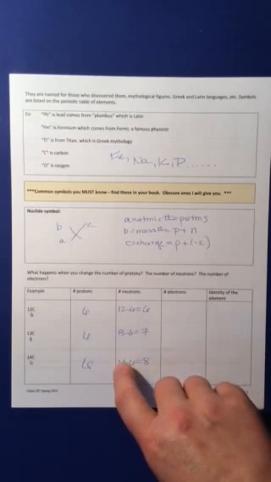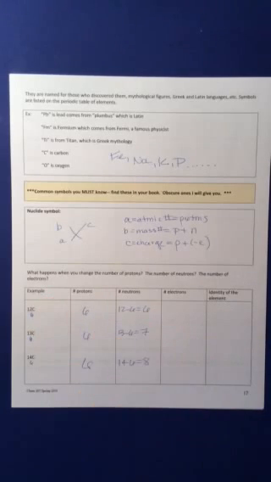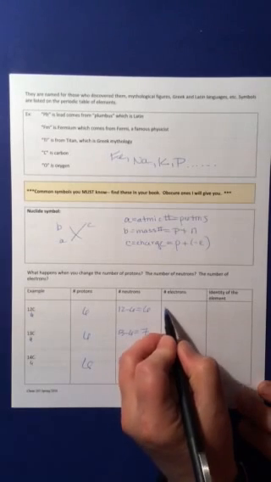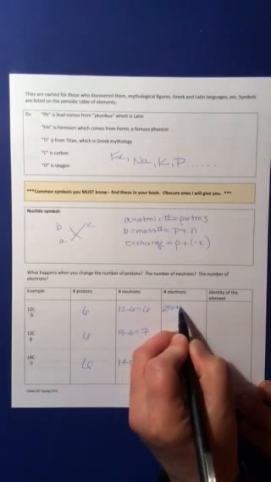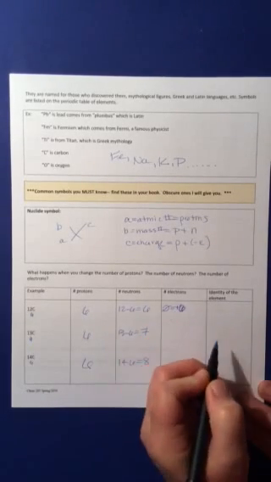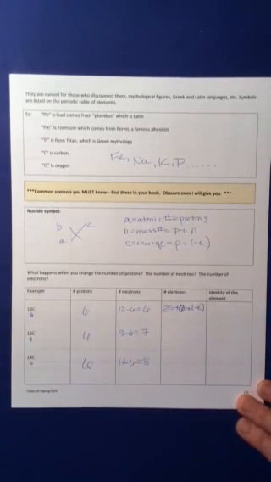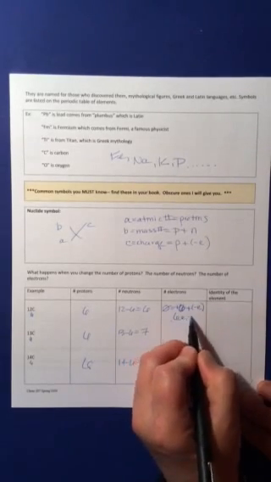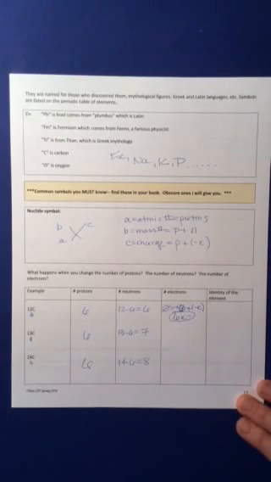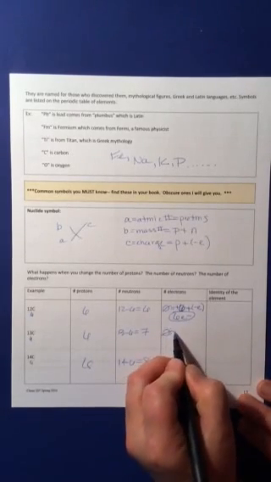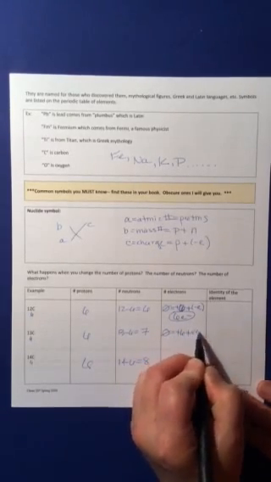Okay? Now the electrons here is determined by the charge, and the charge is 0. So we have 6 pluses for protons, plus how many electrons are going to give us a neutral charge? Well, there'd have to be 6. All of these are neutral.